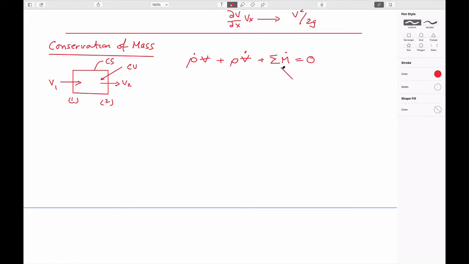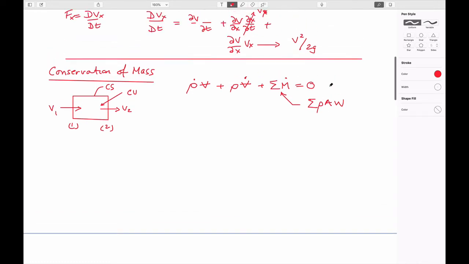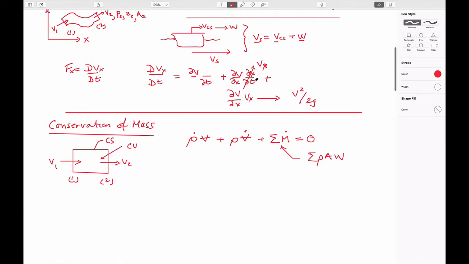So these individual terms here represent sums of density times area times the flow velocity relative to the boundary. We can define it in a dot product, but most of the examples we've done have been just in terms of normal to the boundary. Again, we can define the relative velocities in terms of these components here.